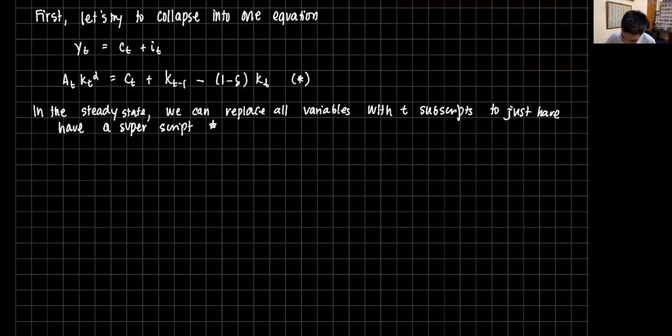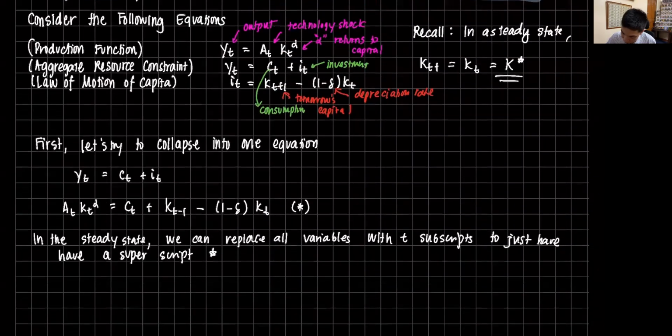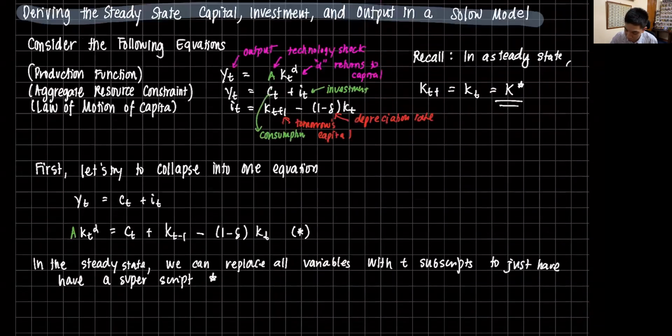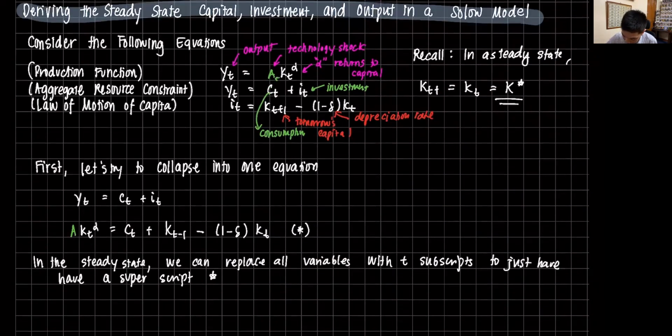Except for A, let me reformulate A. I mistyped here. This is just a normal A, not A_t. We're not in the neoclassical model yet. Or actually we could have an A_t, that's fine, it wouldn't really matter.